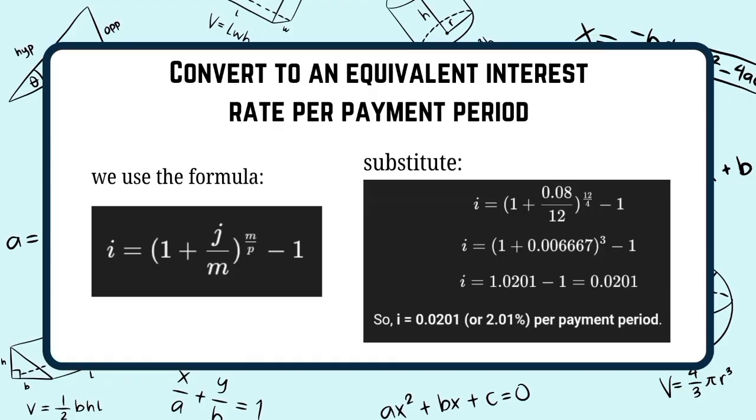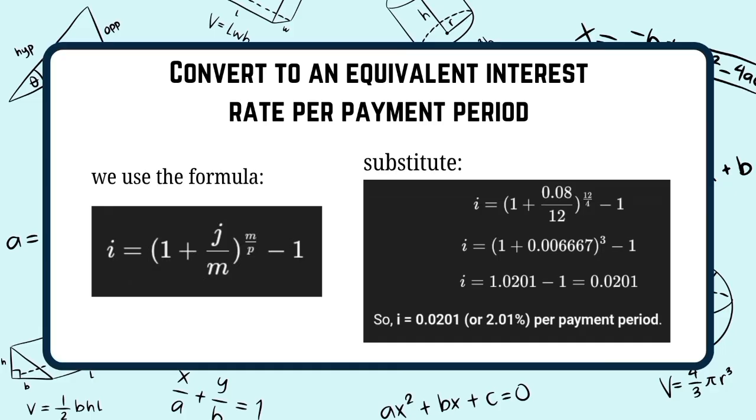Convert to an equivalent interest rate per payment period. We use the formula i equals open parenthesis 1 plus J over m close parenthesis raised to the power m over p, minus 1.